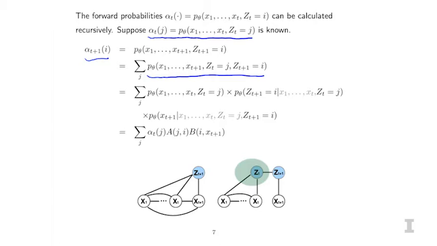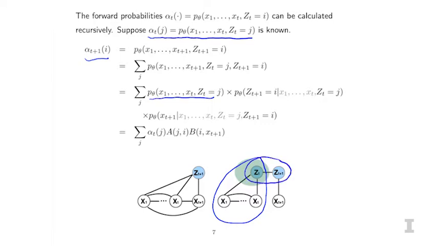So now we're working with this graph. And then we apply the chain rule. First is the marginal of this block of variables, which is here, and then times zt plus 1 given all the previous variables, but that only depends on zt. So that's this probability.